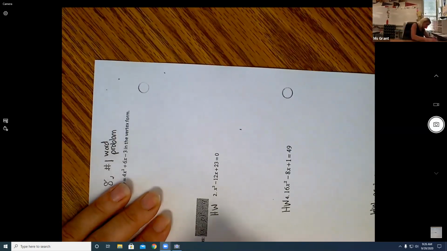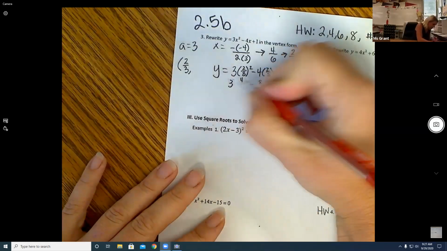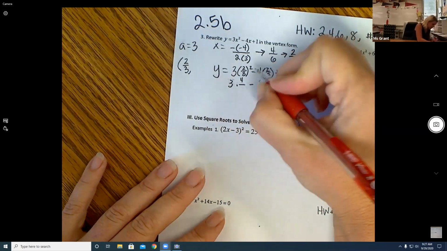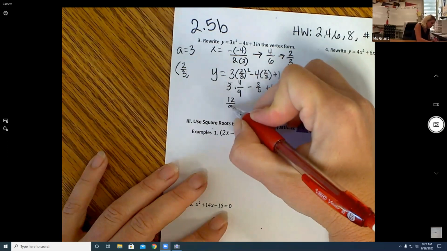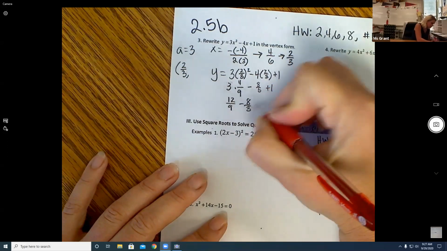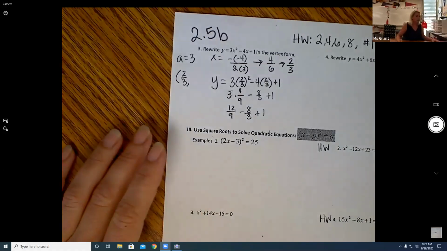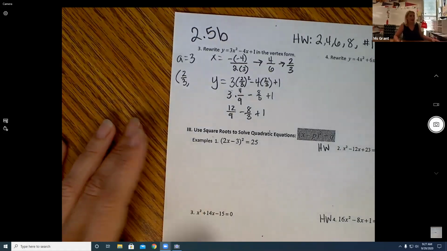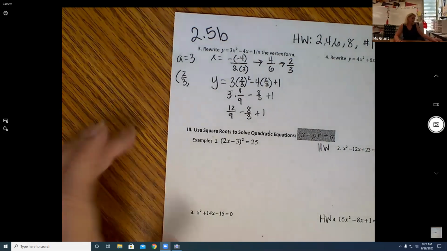No, I can't do that yet. That's not going to help us right now. 3 times 4/9. Okay, just work it out. 12/9 minus 8/3 plus 1. And it's going to behoove me to make that 1 into probably like a 9 over 9. I have to find the common denominator with all these, okay? So to make them all 9s, that would be fine.